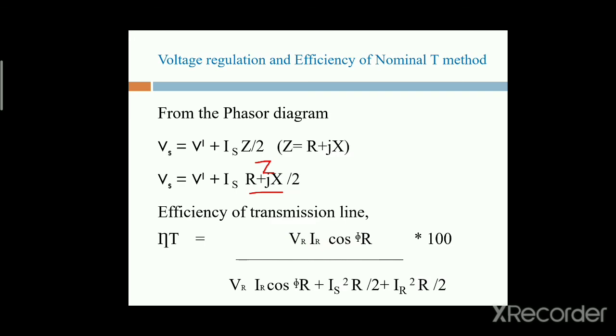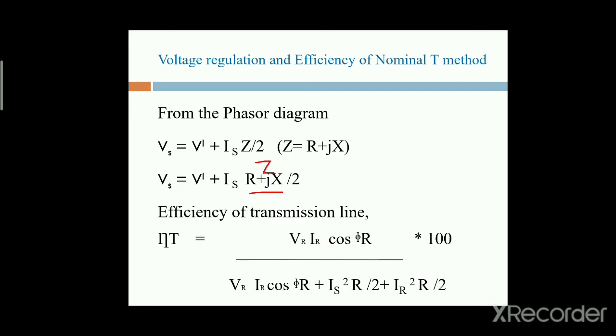Because the parameters are connected in a T shape. The series impedance is divided into two halves, and in between the halves of the impedance we connect the capacitance C, that is the susceptance.